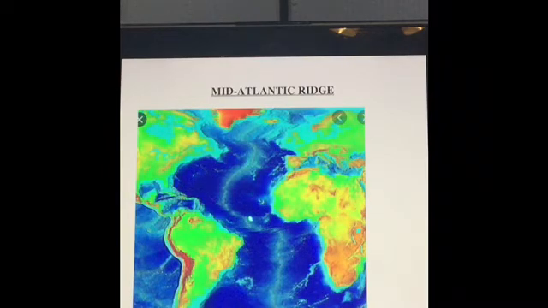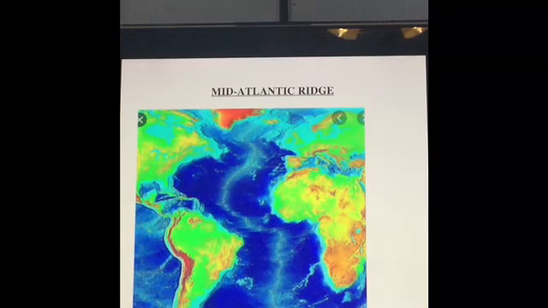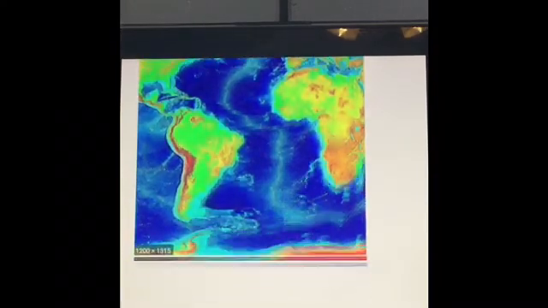And on the left side of the ridge, all of this crust is moving toward the left, which is why this has spread apart, and it continues to spread at about the rate that your fingernails are growing, which is why all of our continents are continually moving because of seafloor spreading and the convection currents in the earth.